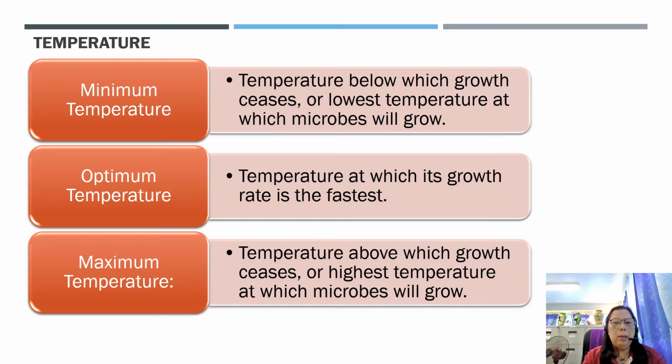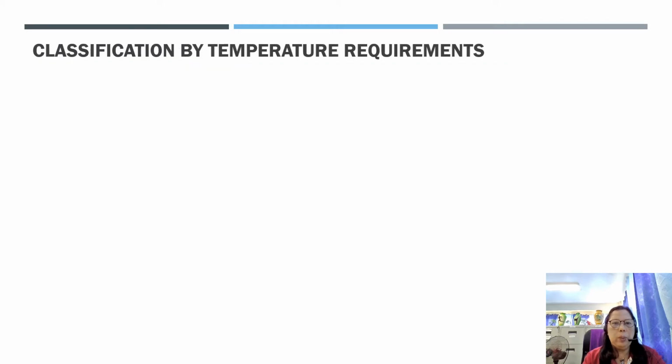And then in optimum temperature, the keyword here is the growth rate is the fastest. This is the temperature which is very favorable for the growth or increase in number of bacterial cells. For maximum temperature, it is the highest temperature at which microorganisms will grow.